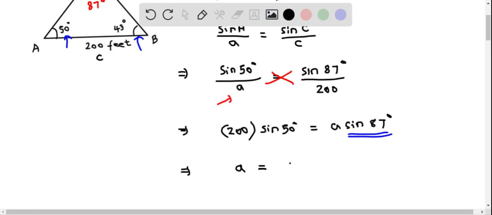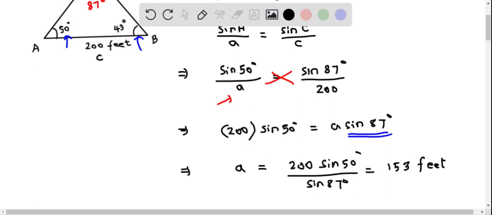So A equals 200 sine of 50 degrees over sine of 87 degrees. We can plug these values into the calculator, and when we do that, we get the value of A approximately 153 feet. This is approximated to a whole number, which comes as 153 feet.